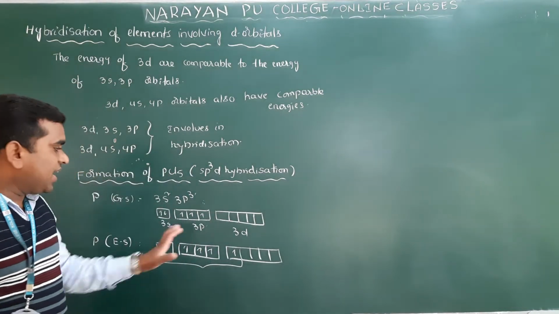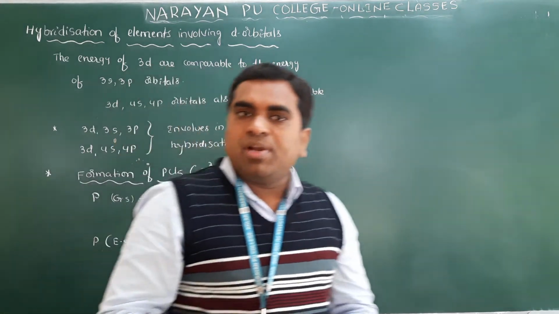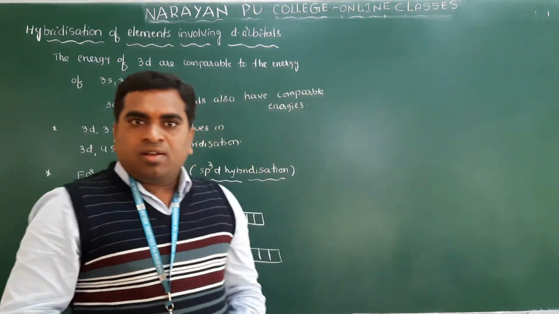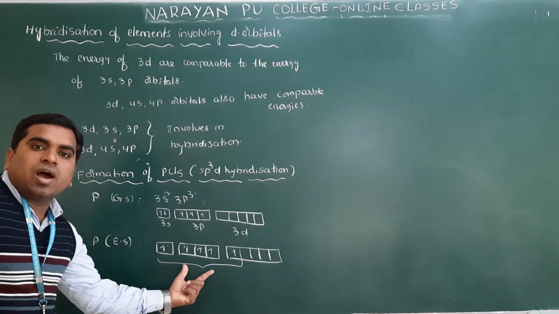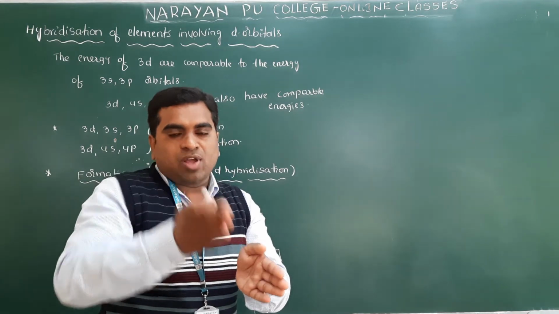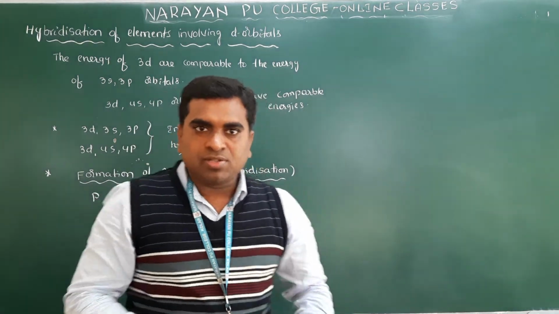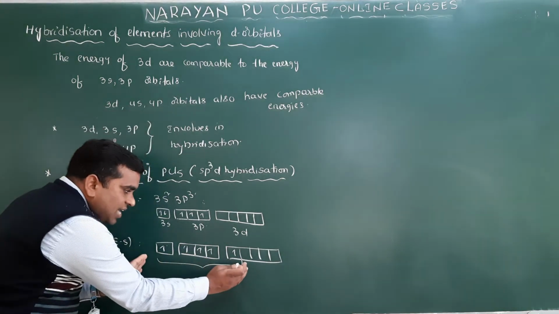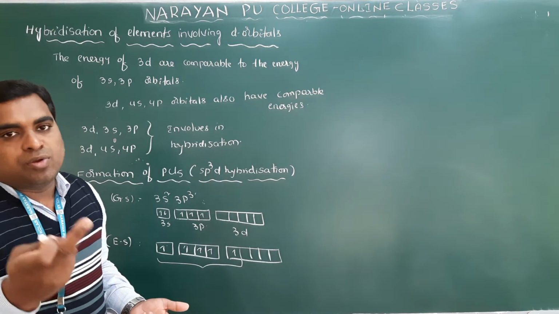First of all, what will happen? Pure atomic orbitals will not be involved in the overlapping directly, because I already mentioned the orbital overlapping concept fails. So first these atomic orbitals combine and form hybrid orbitals.